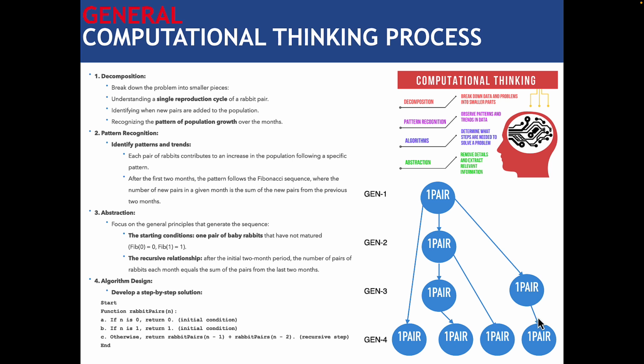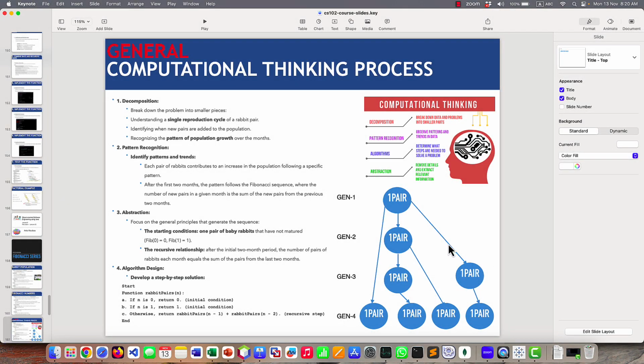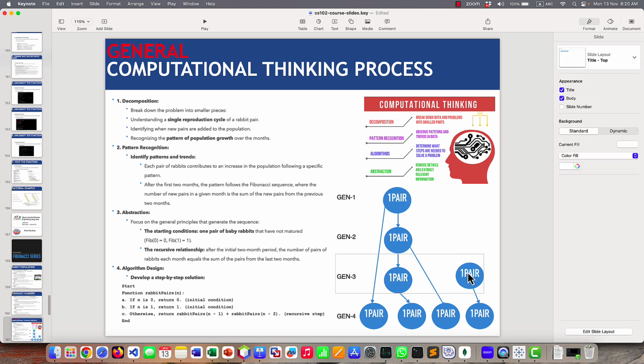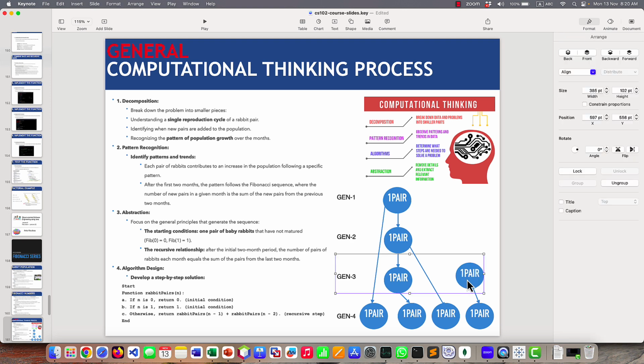Now here, the number of pairs is the sum of the previous 2 months also. So maybe I made one, this one is not part. Just a moment. The sum of the previous 2 months.